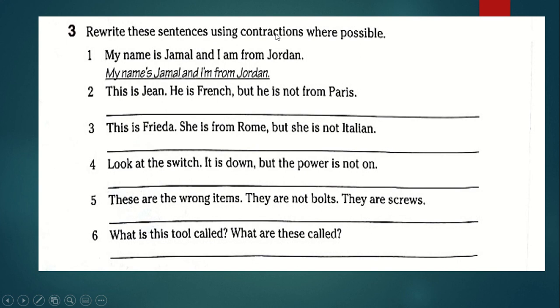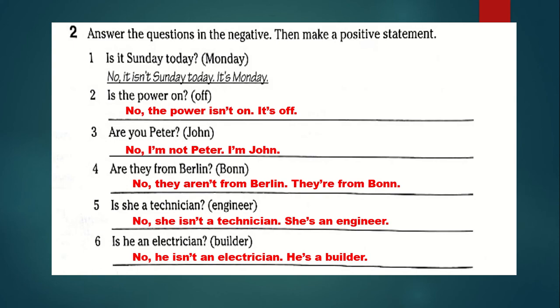Contractions are what we call in Arabic اختصارات. I'll show you something from the previous exercise. Isn't. What is isn't? Actually, it should be 2 words: is not. So we wrote it this way, so it became the contracted form, شكل مختصر.